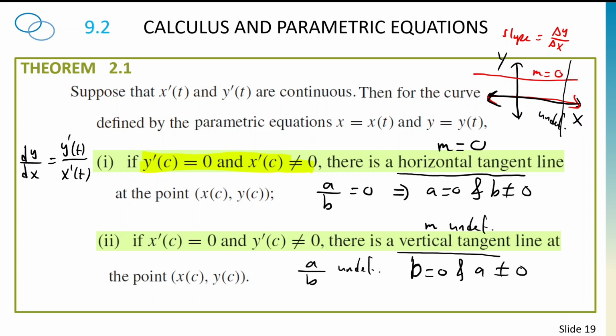So it's the opposite. Here I check x prime equals 0 and y prime does not equal 0. Just an easy way to remember: think about any fraction. It equals 0 when the numerator is 0. It's undefined if the denominator is 0. Okay, that takes us to the next example.